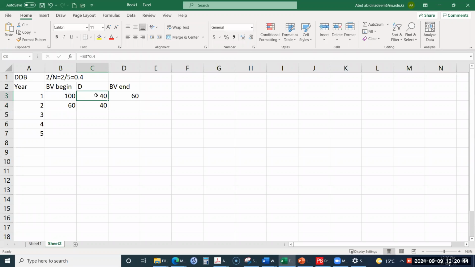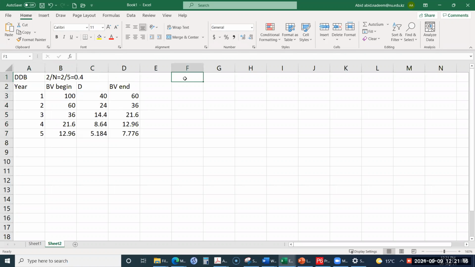So the depreciation in the second year will be 40% of this new book value. And the book value at the end will be the book value at the beginning minus the depreciation. So in this way it will go like this. These will be the book values, and these will be the values of the depreciation in the double declining balance method.